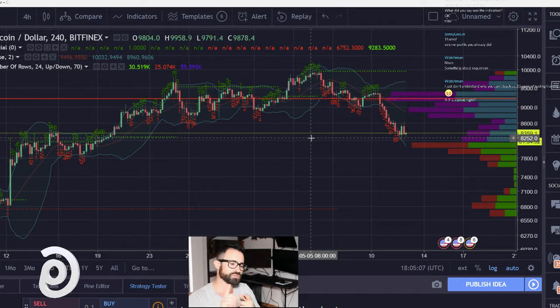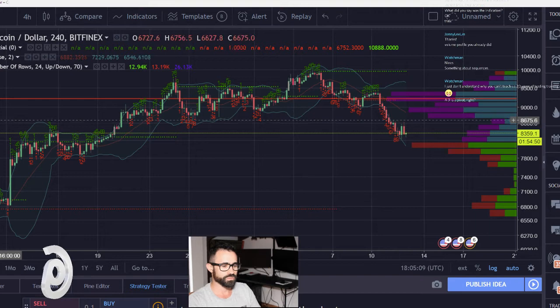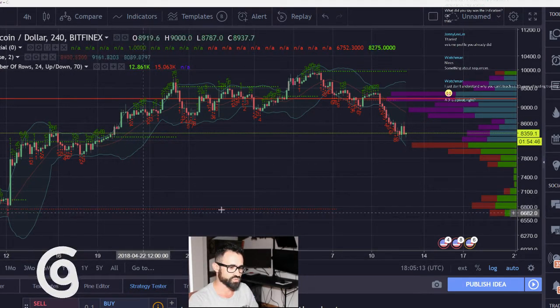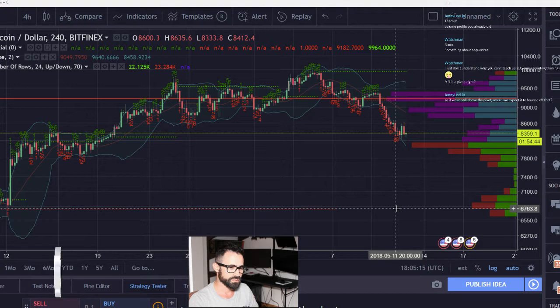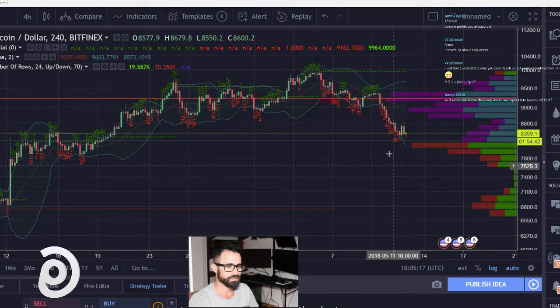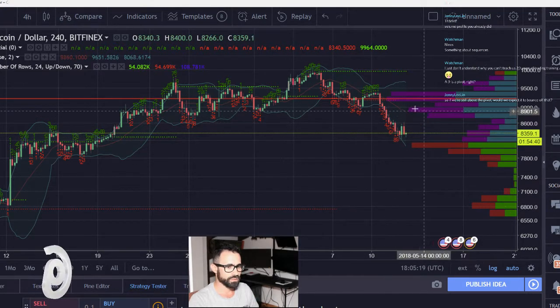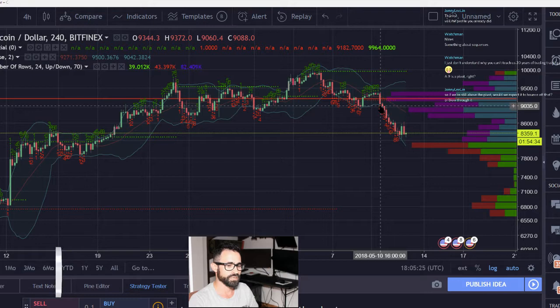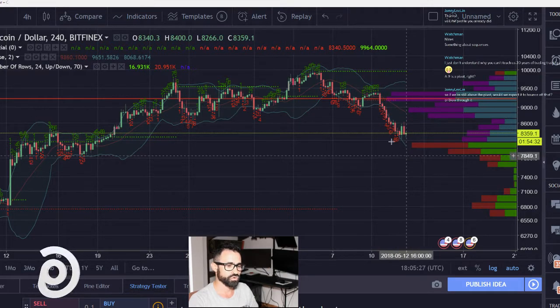So a 9 is supposed to be a turn. The pivot points we're looking at are these green dots and these red dots. So a close below a red, right, is going to be an indication of a short.